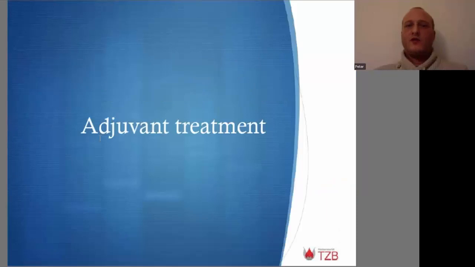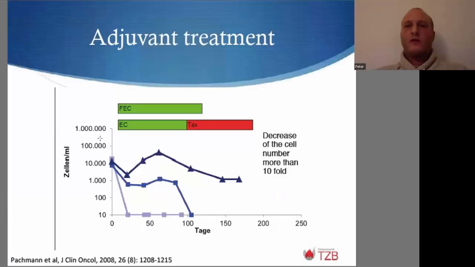We do it almost every investigation of us is an adjuvant treatment. So we have 3 different types of treatment: success or not success. Successful is if there's a decrease in cell numbers by 10-fold or more.